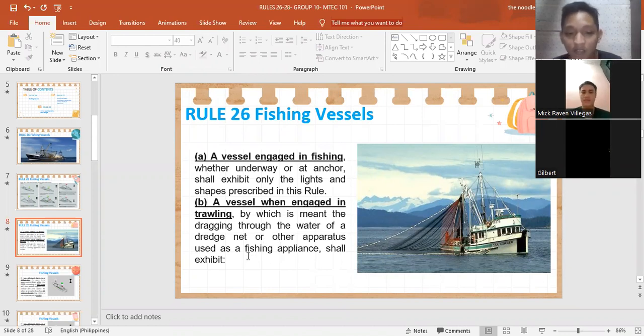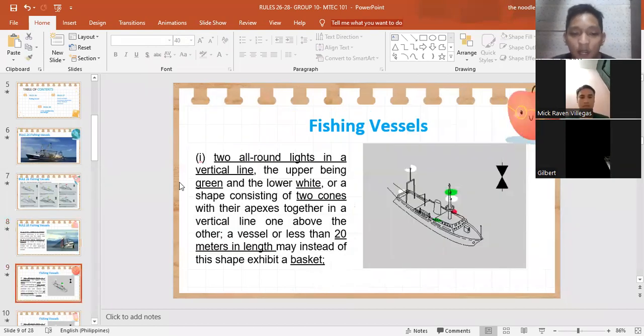A vessel engaged in trawling, once we throw or drag our nets through the water, shall exhibit, under subparagraph B number 1, two all-round lights in a vertical line. As you can see here, these are the two all-round lights, green above and white below, or a shape consisting of two cones with their apexes together.